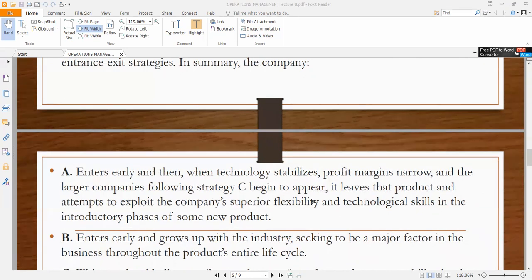Okay, it leaves that product and attempts to exploit the company's superior flexibility and technology skills in the introductory phase of some new product. So here, the secret to this is about entering the market early. Okay, entering the market early.